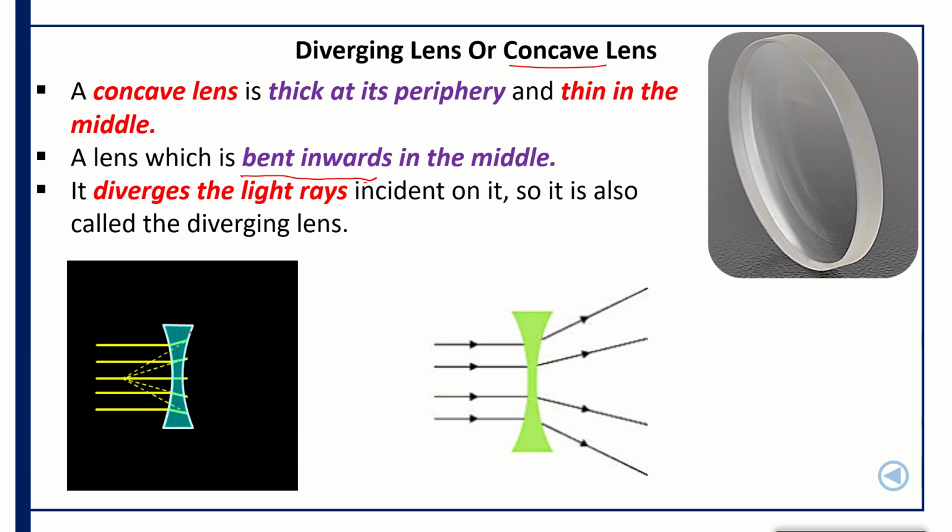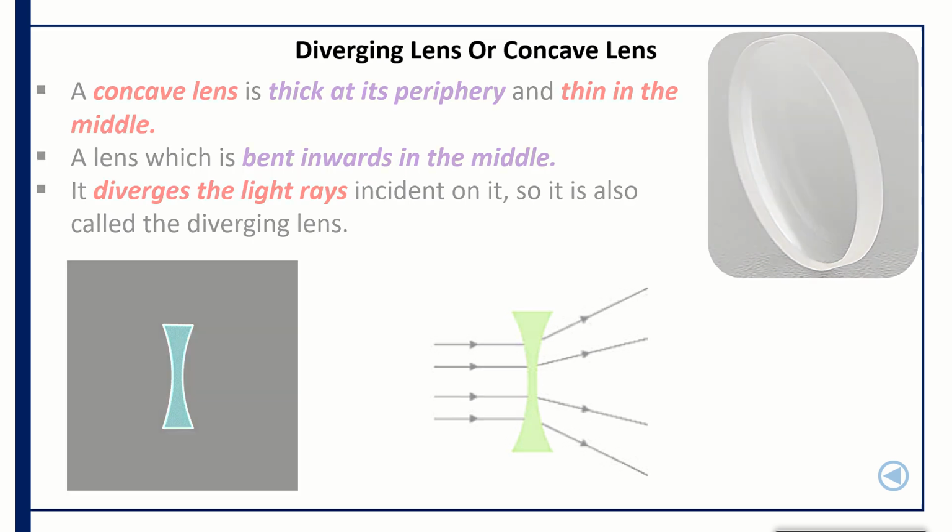Here it is making a cave-like surface inside. Again, this is a part of a spherical surface where it is thick at the edges or periphery and thin in the middle part. So this is about concave or diverging lens.